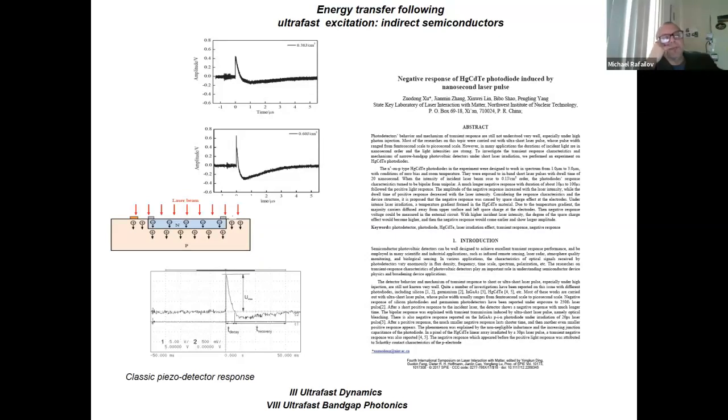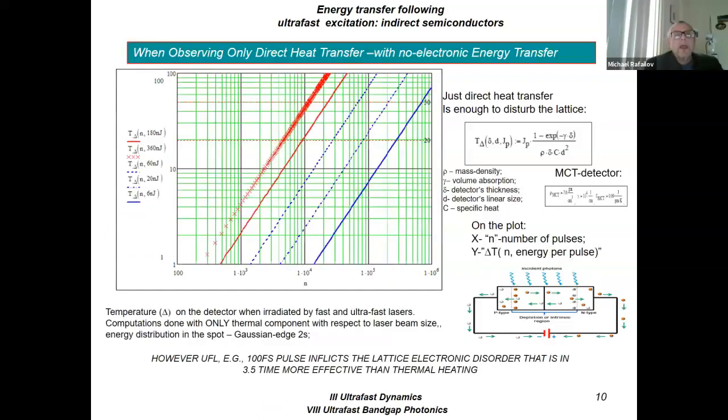Below is just for the next slide. The beginning is a common response, very common everywhere, of the piezo detector to the laser pulse. It detects how the piezo detector reacts to the laser pulse. Timing and everything is different, but the shape is similar.